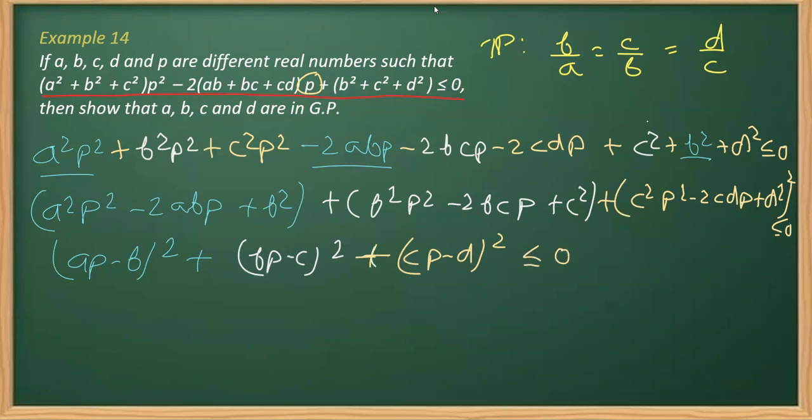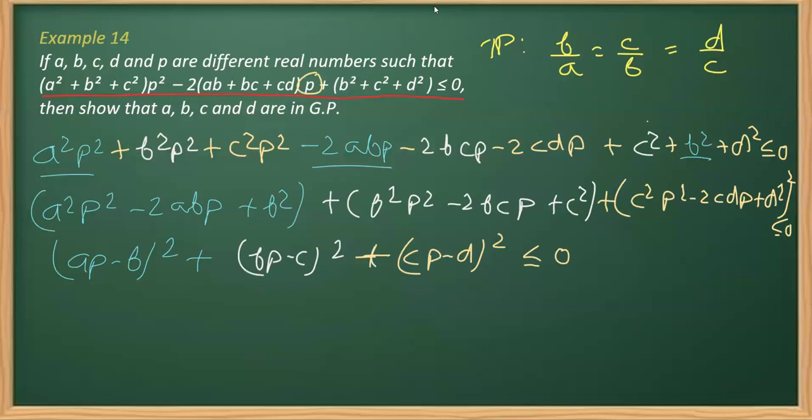But you should know that the square of a number is never negative, right? The square of a number is always positive or 0.